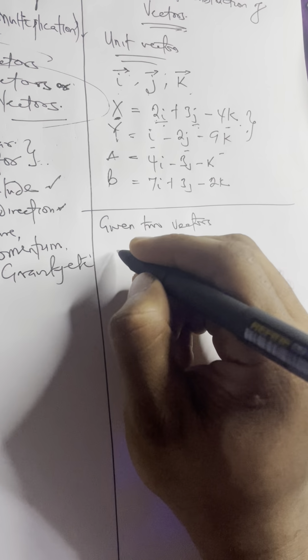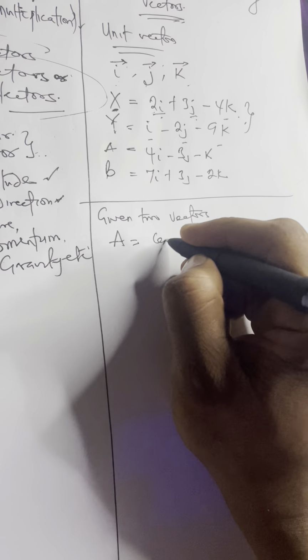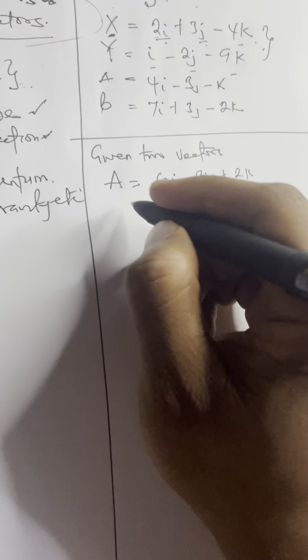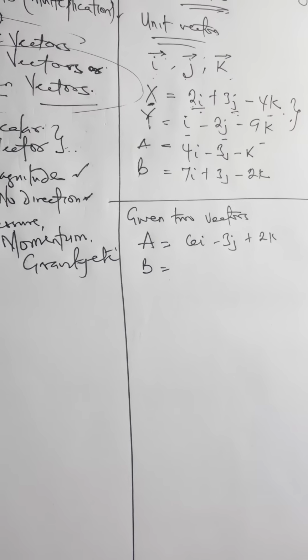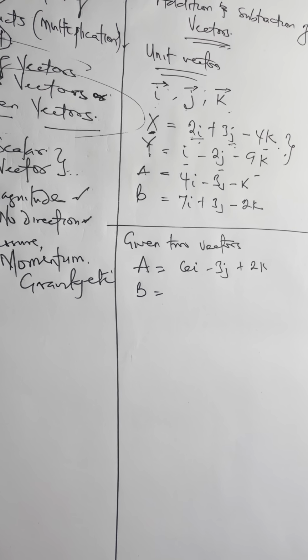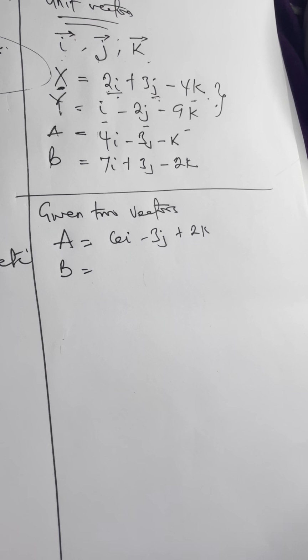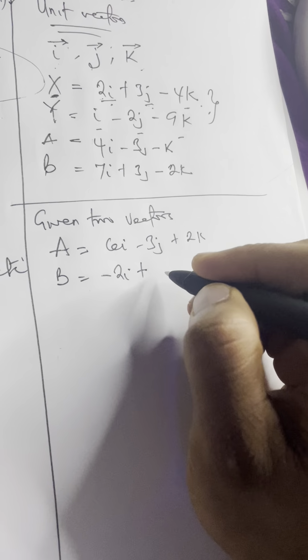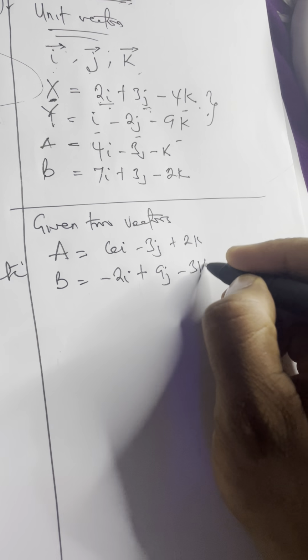Let's say vector A is 6i minus 3j plus 2k, and vector B is minus 2i plus 9j minus 3k.